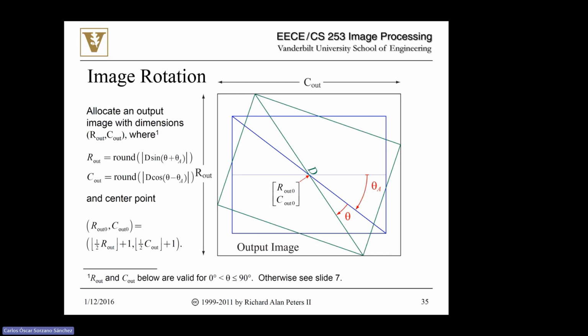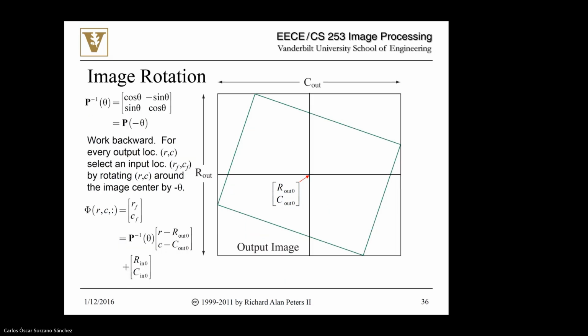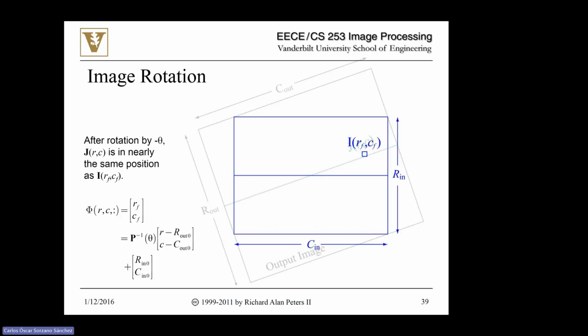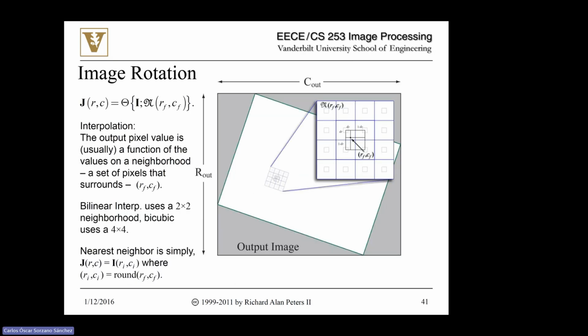When you rotate, either you keep it in a bigger image, and still there will be areas that are not defined, or if you keep it in the original frame, still there will be areas that are not defined.